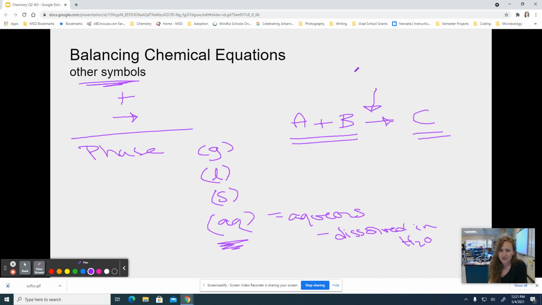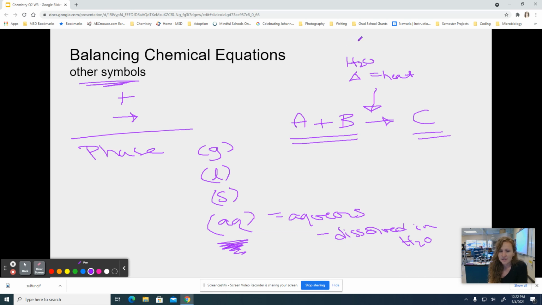So you might see things like a triangle, and that means that heat is involved. You might see H2O, that indicates that the whole reaction happens in water. That would also be indicated by the aqueous phase symbols.